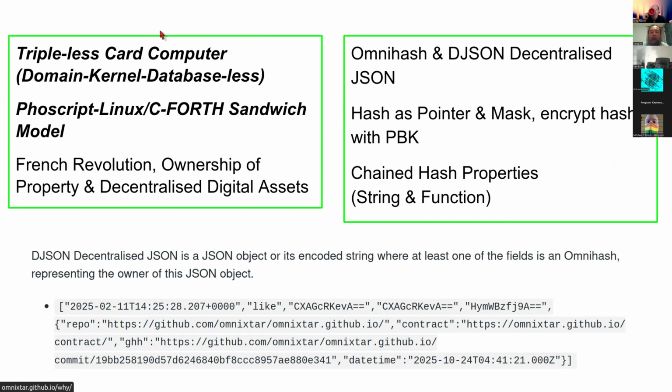So we can have our own type of cold wallet as well. So I suppose this is where my work will tie in with all the other implementations of Forth that you guys are doing.